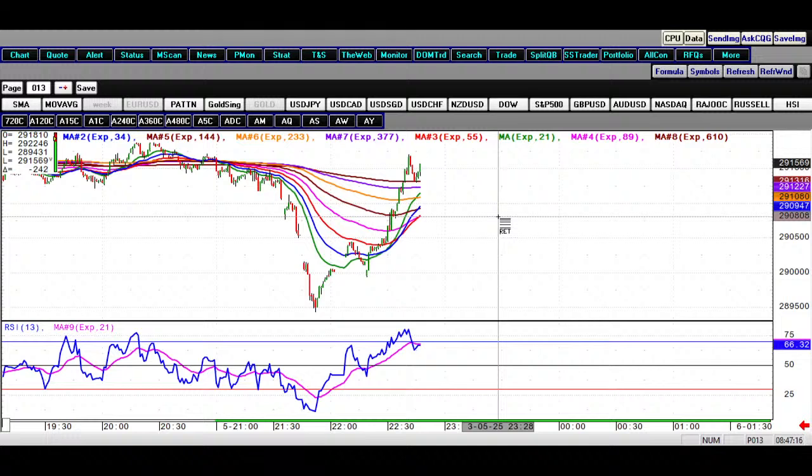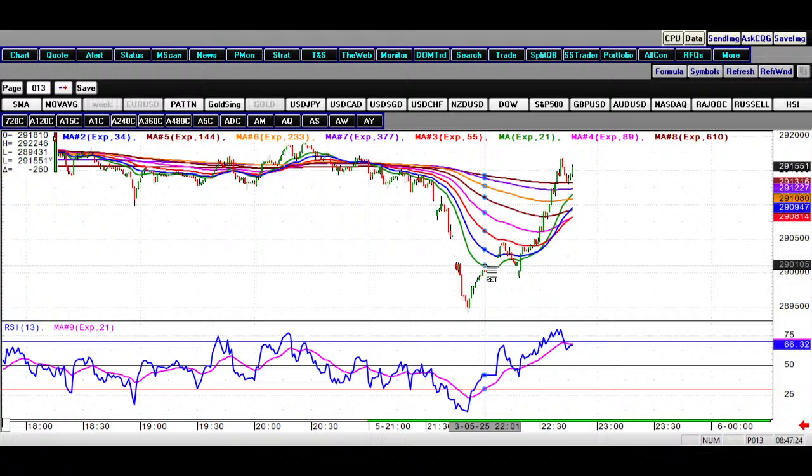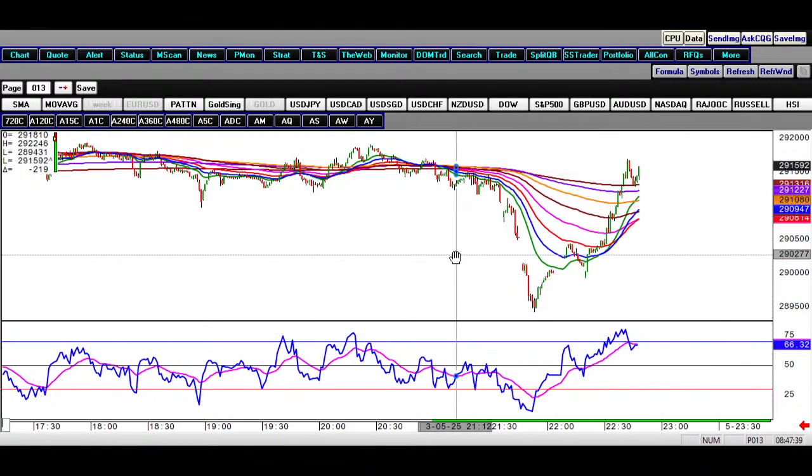Okay, so since we already missed this move, this was a very big, very quick move, but of course we were right in the call of a buying, but we didn't get this entry, so we got to wait for better levels.